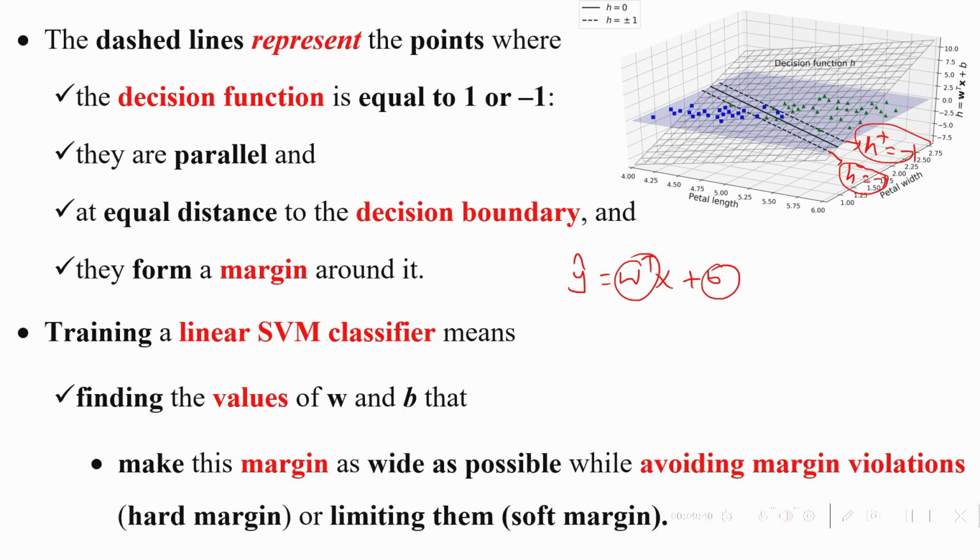Making this margin as wide as possible while avoiding margin violations is called hard margin classification, and limiting the margin violations is called soft margin classification. So like that we are going to develop a model that exactly separates data into two parts. Simply, this is the support vector machine: decision function and prediction of the corresponding class label with its help.